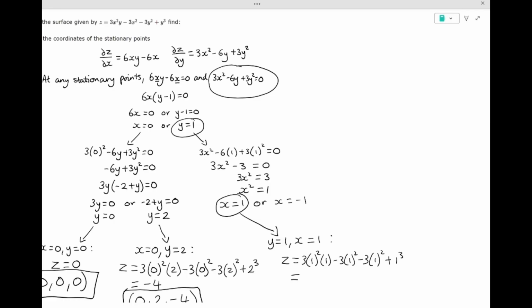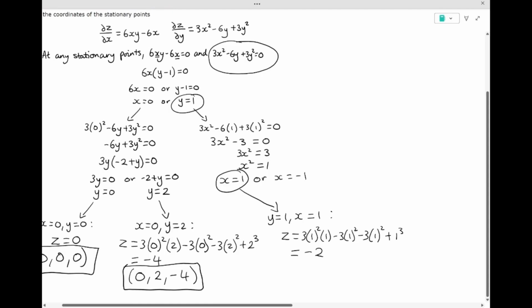Okay, and you can go through and calculate that. And I believe we're going to get negative 2 as our value for z this time. So then we can write out our next stationary point. It's x equals 1, y equals 1, z is equal to negative 2.